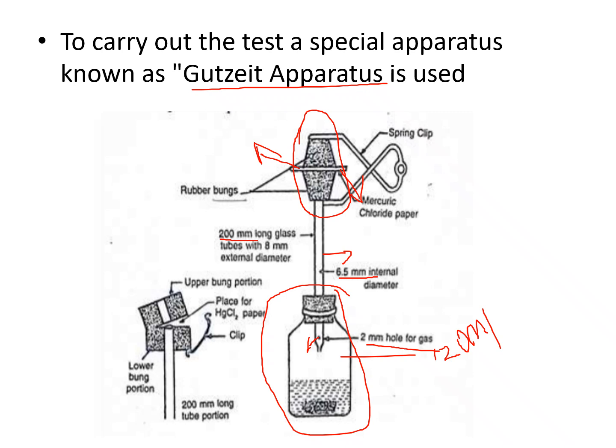So the reaction takes place here, and the arsine gas produced moves up and reacts with this mercuric chloride paper to form the yellow stain.